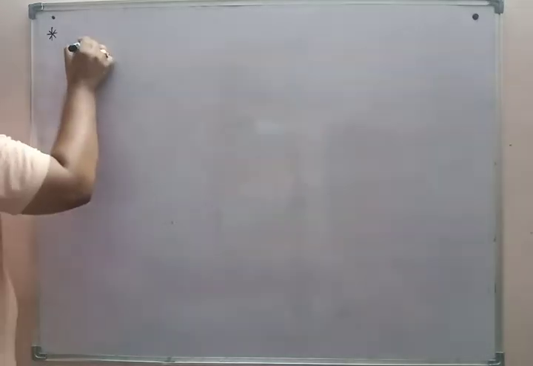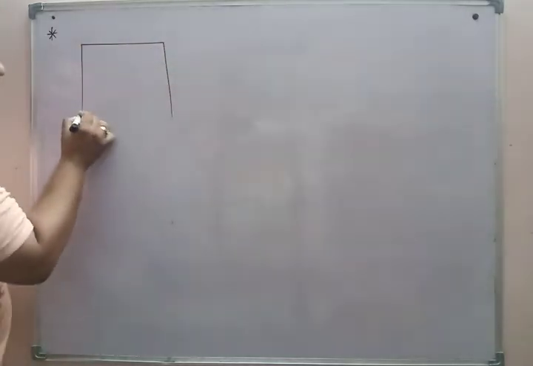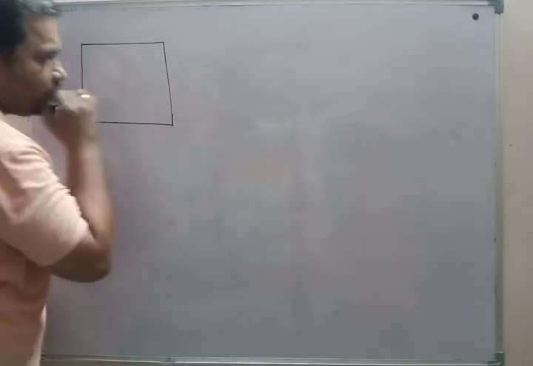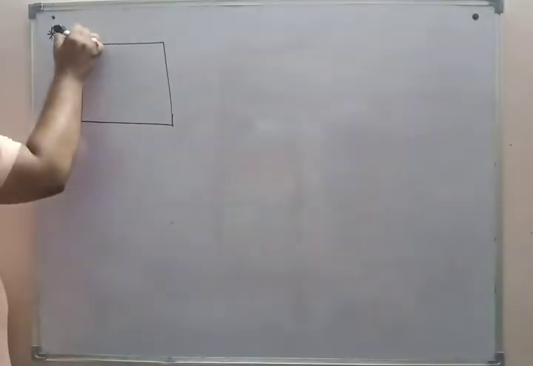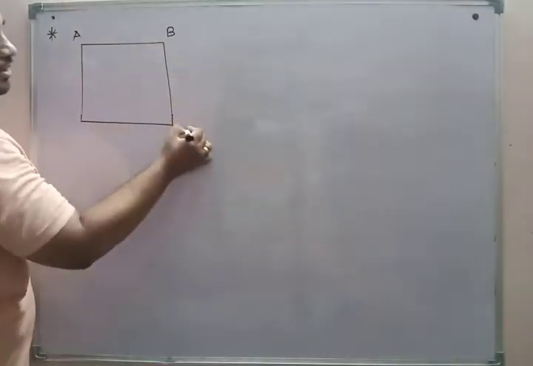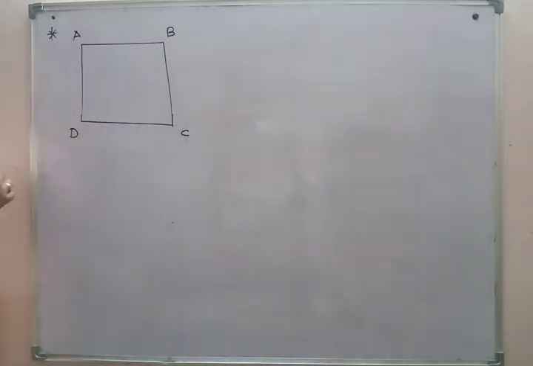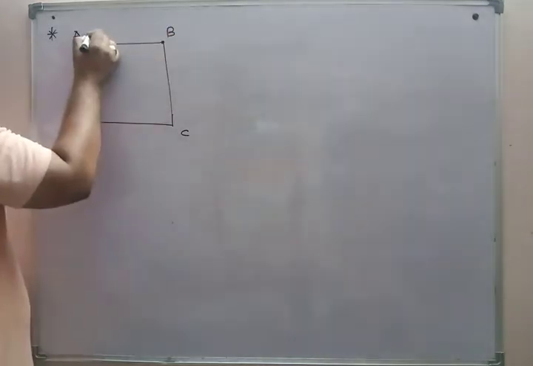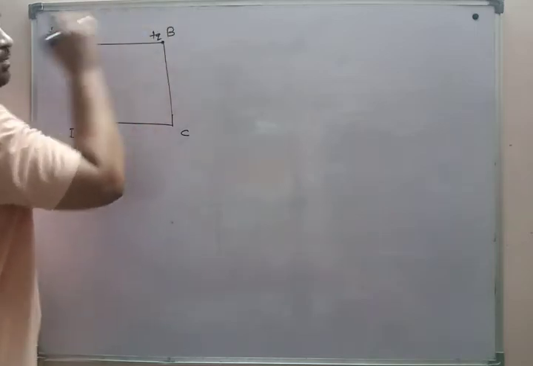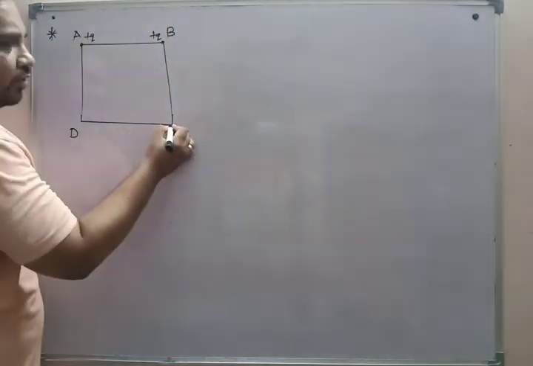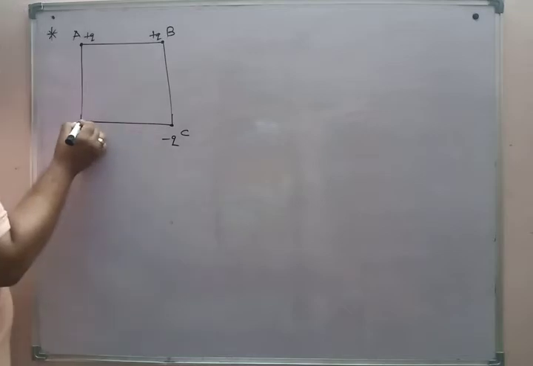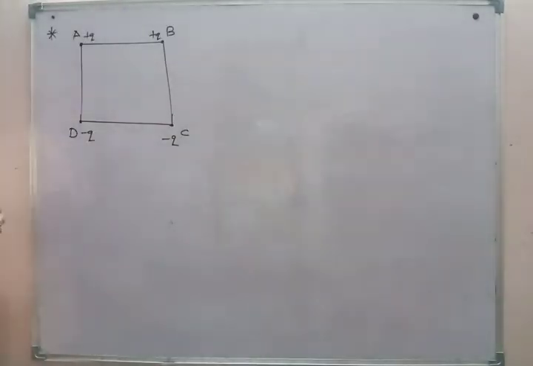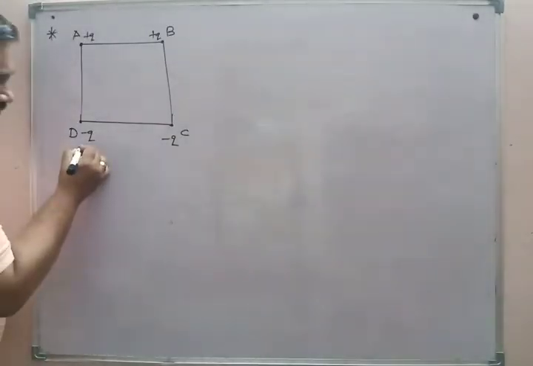The first problem we are going to discuss is this: suppose I have this square, let's name it ABCD, and on two vertices of the square we have plus q charges, and on the two vertices C and D we have minus q charges.